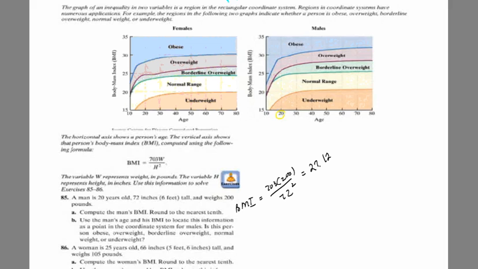Here's 25, so 20 here would be 25. Right there would be about 27.5. So if I look at 20 and I find 27.5, it puts them in this shaded region here, which, based on this graph, the person would be classified as overweight.